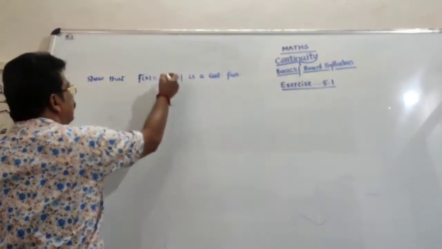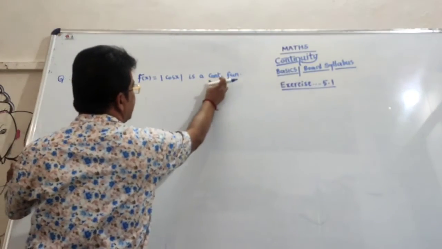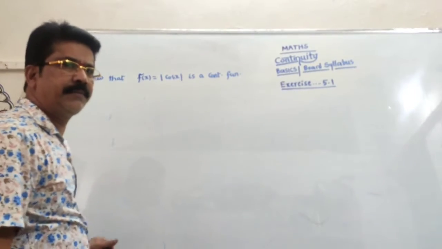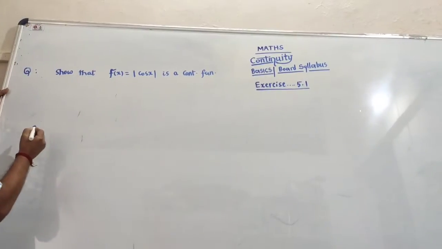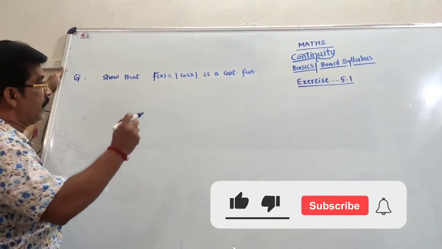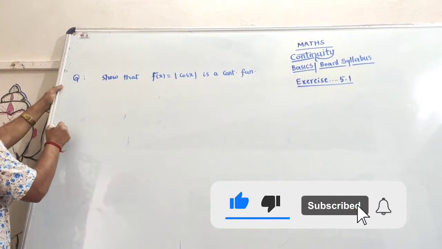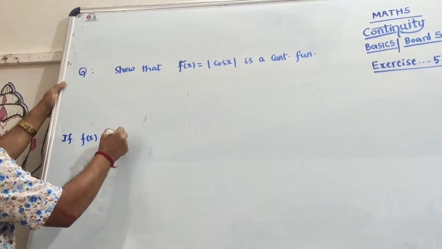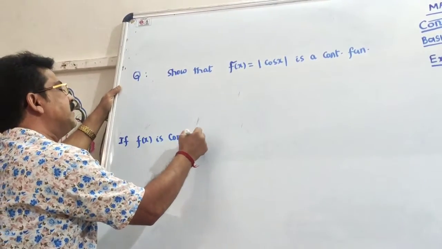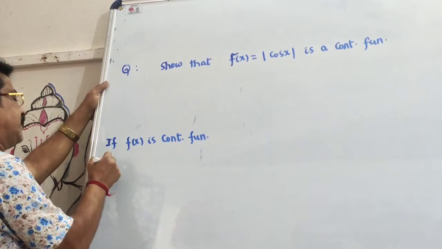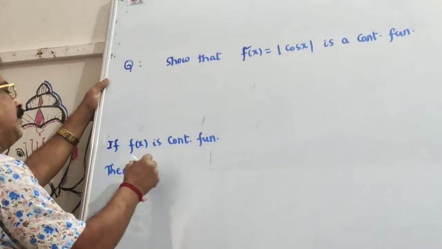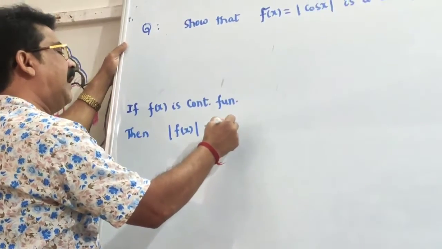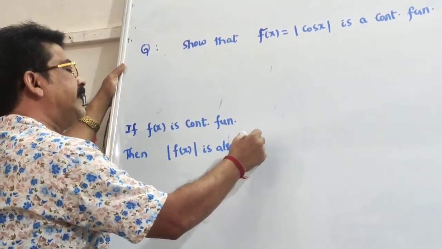Show that capital f of x equal to modulus of cos x is a continuous function. This is a very important concept for competitive track. Actually, already I said in the synopsis, if f of x is continuous function, then modulus of f of x is also continuous function.